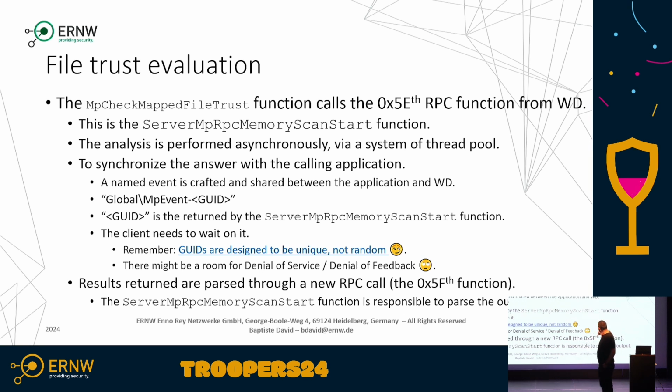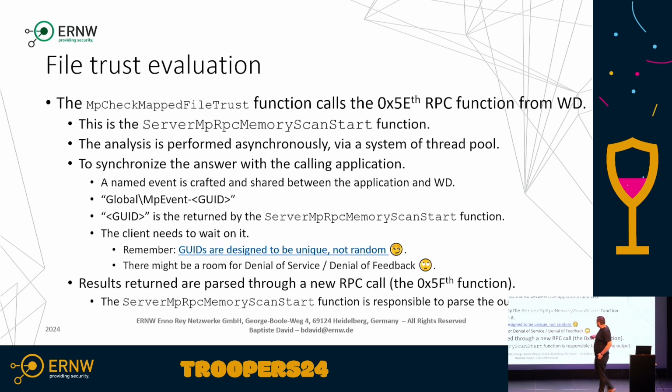Now it's regular scan start. Interesting. The analysis is performed asynchronously, as we have said, with the thread pool. Something interesting: because all the operations are performed asynchronously, at the end the client will ask for the analysis to have a return. And because it's asynchronous, you need to synchronize to know when the answer will be provided. To do that, Windows Defender uses a global event, which is named with a GUID.